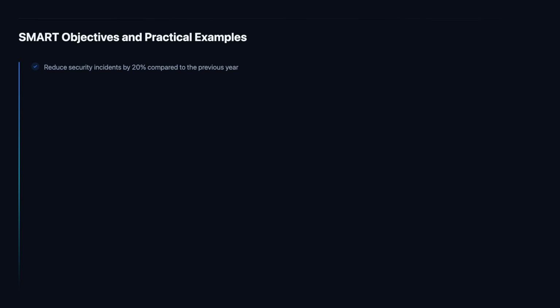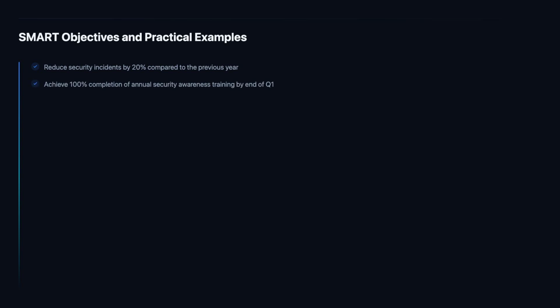It identifies the metric and the direction of change. It is measurable. Incident counts are tracked in the incident register. It is achievable. A 20% reduction is ambitious, but realistic if the underlying causes of incidents are being addressed. It is relevant. Reducing incidents directly reflects the purpose of the ISMS. And it is time-bound. The year boundary creates a clear evaluation point.